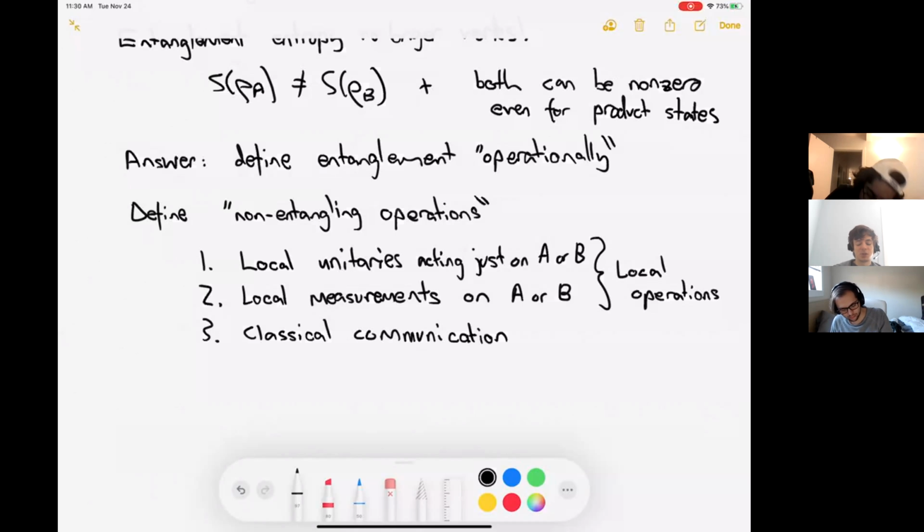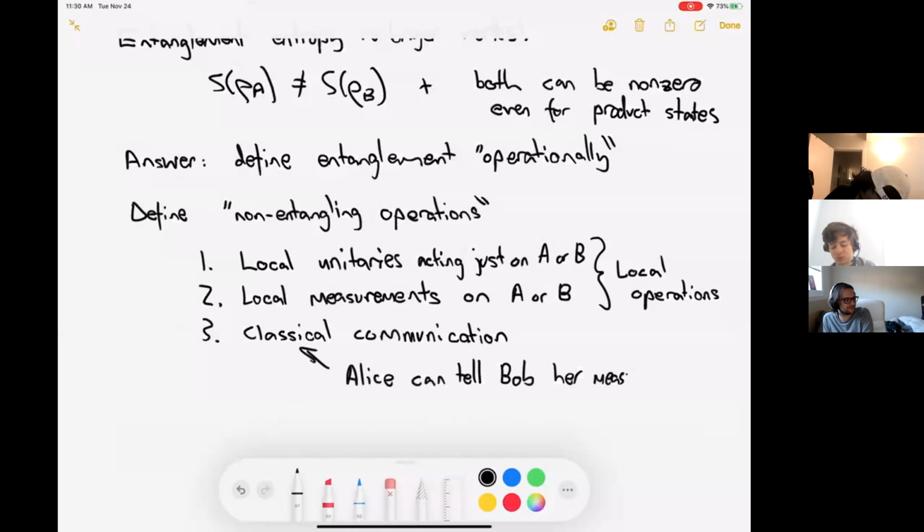But the real important thing, the thing that you need classical communication in the middle of the process for, is Alice can tell Bob her measurement outcomes. Right, so they might know in advance what measurements each other are going to do, but then they actually do those measurements, and they need to be able to phone each other up to tell them what measurement outcomes they got.